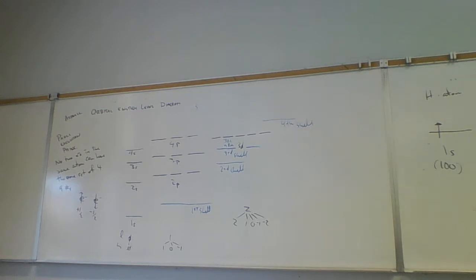The quantum numbers for this would be 100 plus 1/2. The quantum numbers for this would be 100 minus 1/2. Based on the quantum numbers, we can tell the position of the electron. The position of the electron is given by the first 3 digits, and whether it's spin up or spin down is given by the last digit.